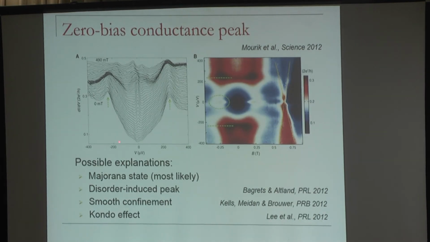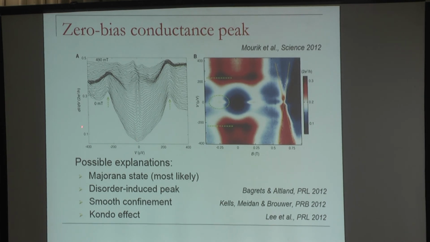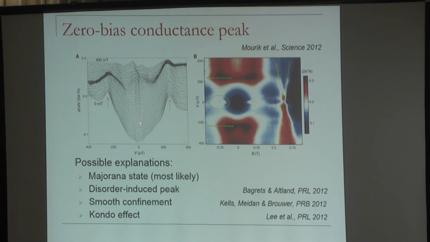What they see in the experiment is indeed here, so there are different conductance traces versus voltage, and one sees indeed a peak emerging for sufficiently big magnetic field, and it sticks to zero. It sticks to zero regardless of what kind of parameters you have. The height is not 2e²/h, but around a factor 10 smaller, but that's because they're at finite temperature.